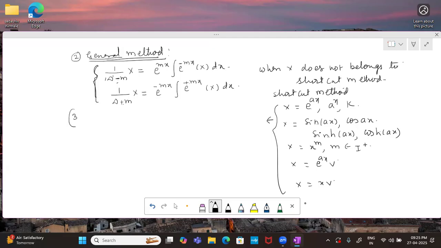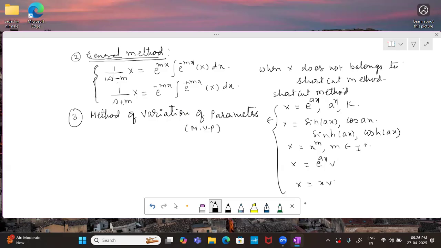And the third one is the method of variation of parameters, also called MVP.